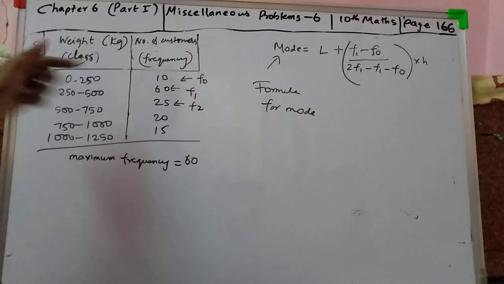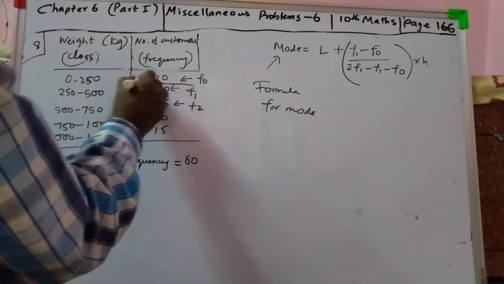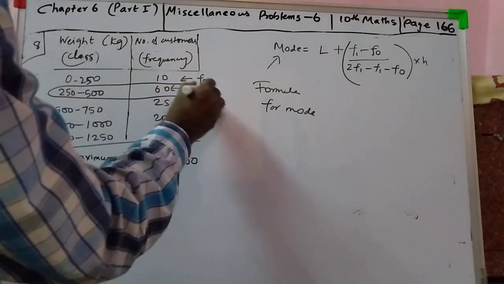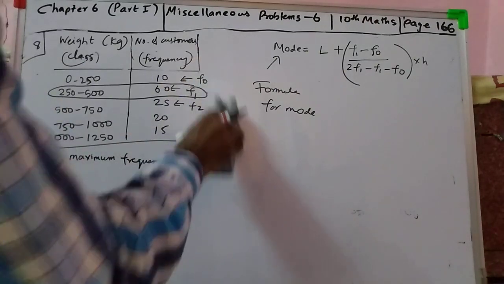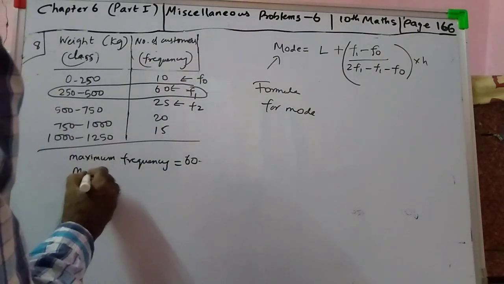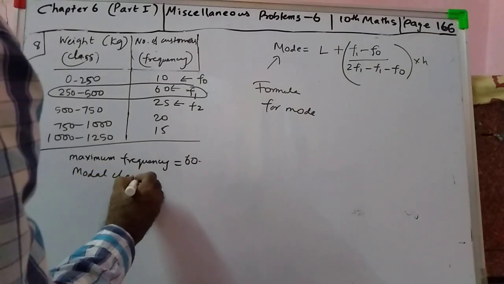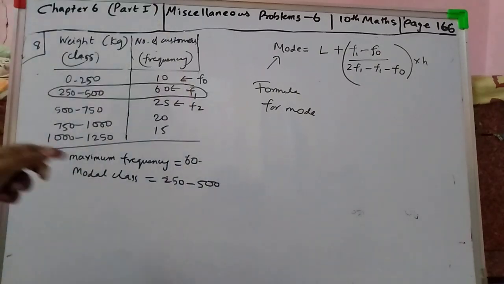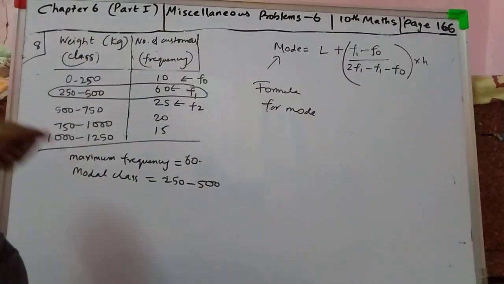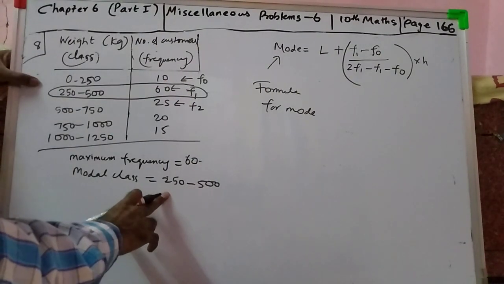Now this is the modal class, because we got this. The modal class is 250 to 500.